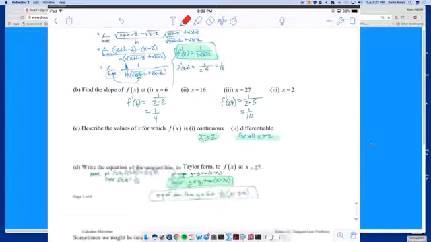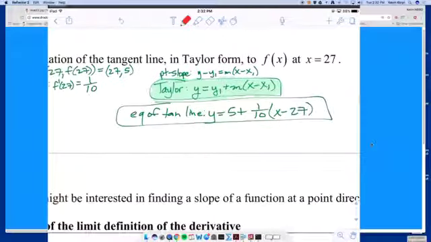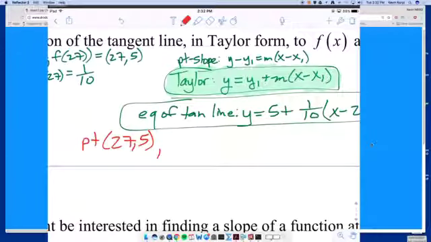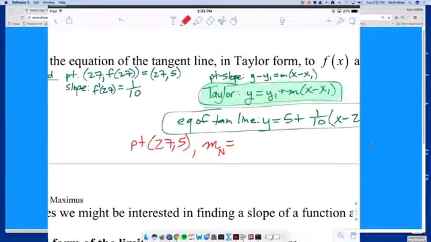So let's come back down here and throw in the normal line. We're still going to use the same point, 27, 5. You can call that now the point of normalcy if you want. And then the slope, I'm going to put m subscript n for the normal slope instead of the tangent line slope. The derivative always gives you the tangent line slope. So once we have it, the normal slope is going to be what?